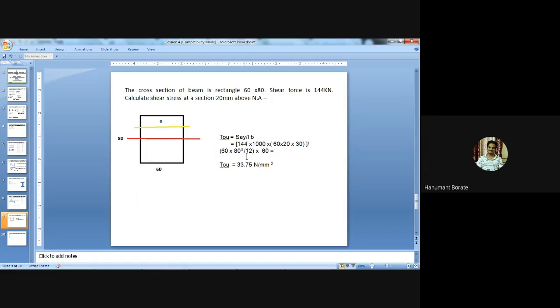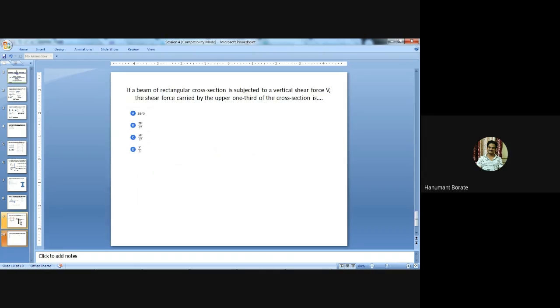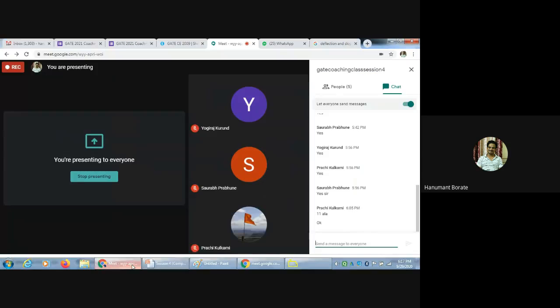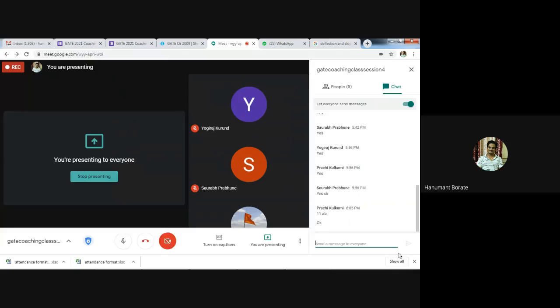So in this way we can find out the tau value at any section. Okay, do you understand?